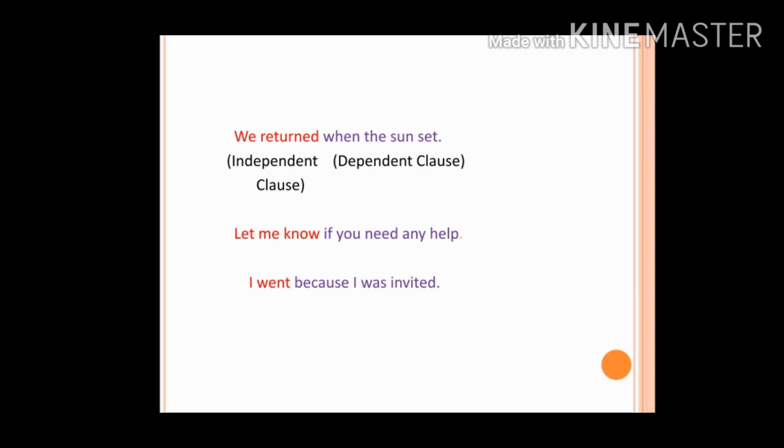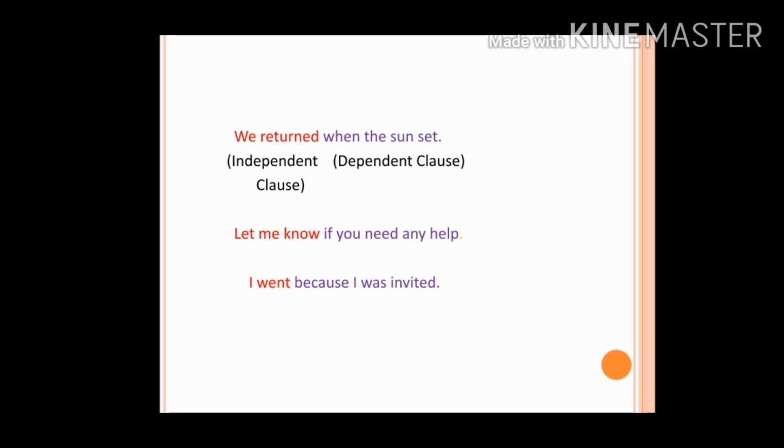Example: We returned when the sun set. This sentence consists of two parts: "we returned" and "when the sun set". As each part has a subject and a predicate of its own and is part of a larger sentence, each is a clause. We can say that "we returned" makes good sense by itself and can stand alone.